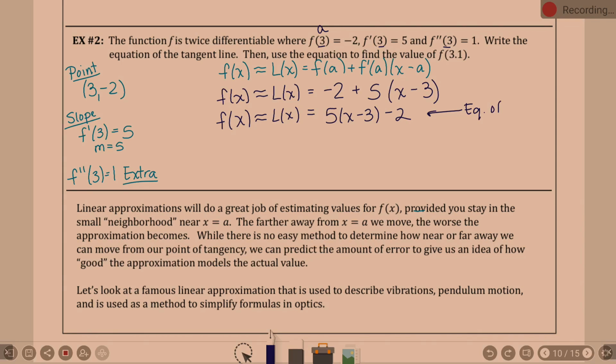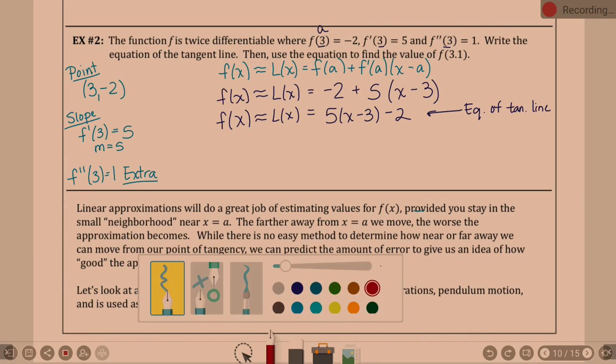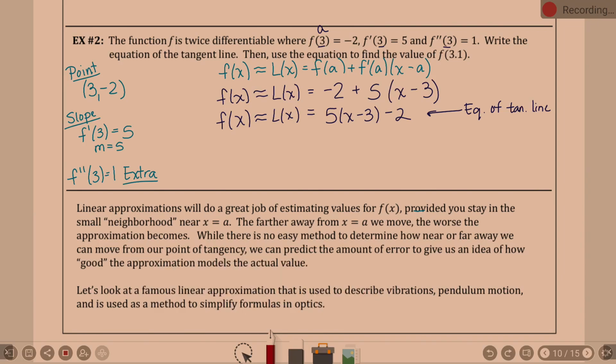Now, what did they ask me to do? Find the value of f of 3.1. So it's f of 3.1, which is approximately equal to L of 3.1.